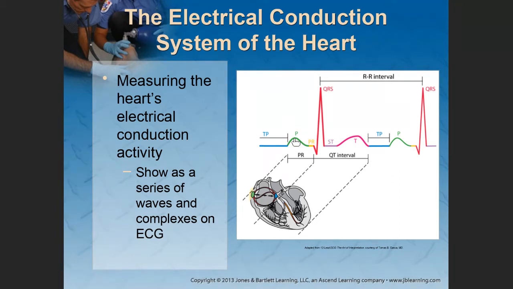Let me repeat that. If the P wave looks abnormal, the origin of the rhythm is atrial. It means the rhythm is originating somewhere within the atriums. It's an atrial rhythm. So that's your important pointers.